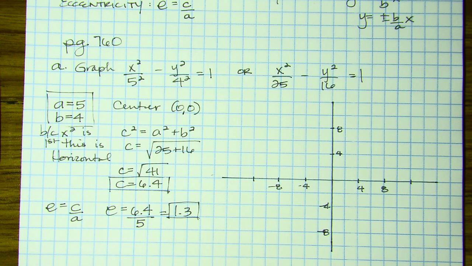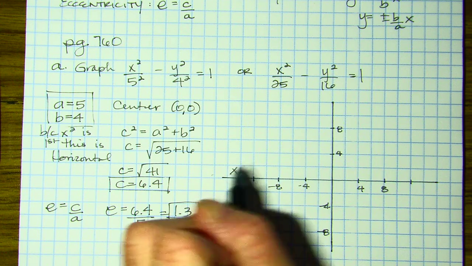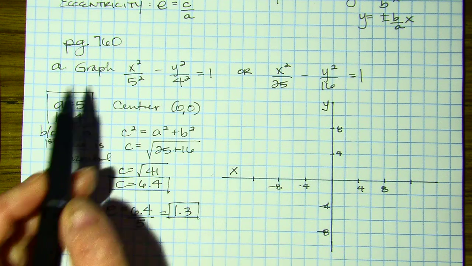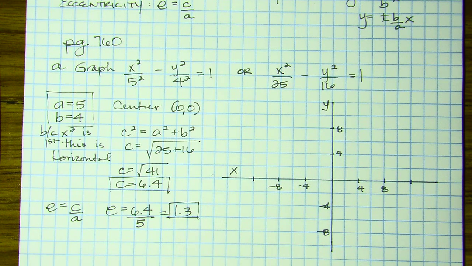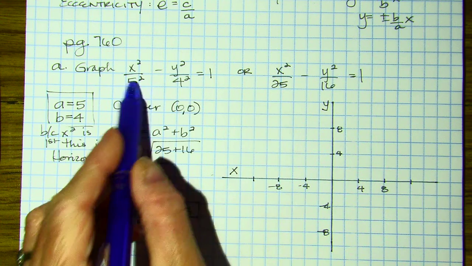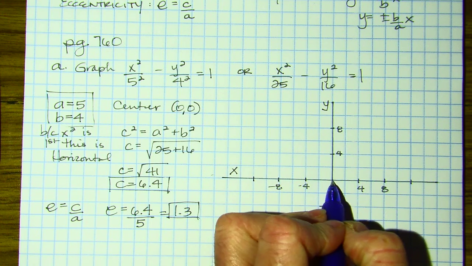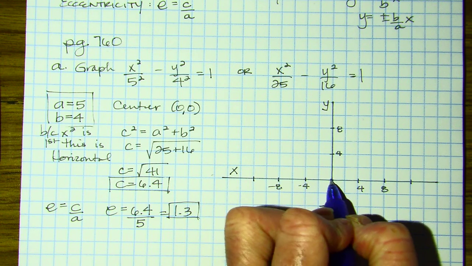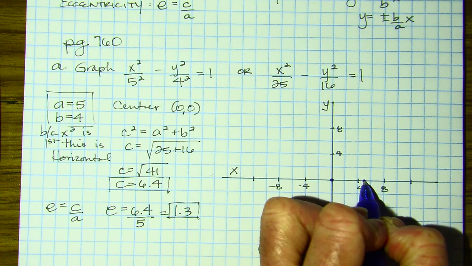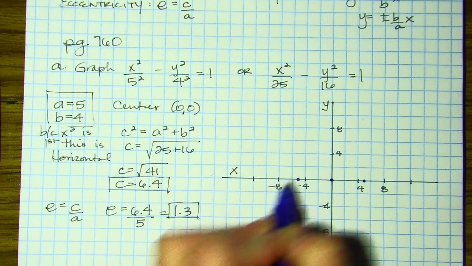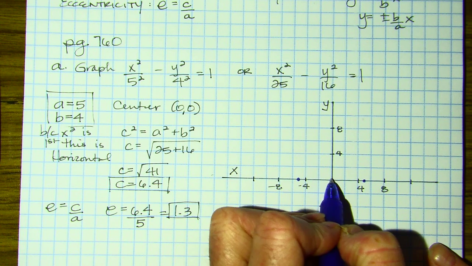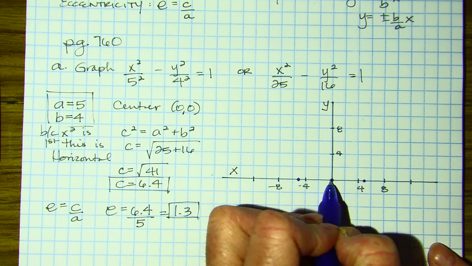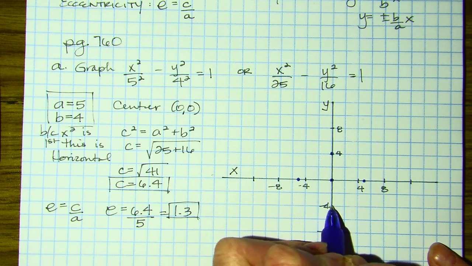All right, here is my x-axis, here's my y-axis. The number underneath x is a 5, so a is 5. Because it's underneath x, I'm going to go 5 on x. Starting with my center, I go to the right 5 and to the left 5. Going back to the center, b is 4, so up 4, down 4.